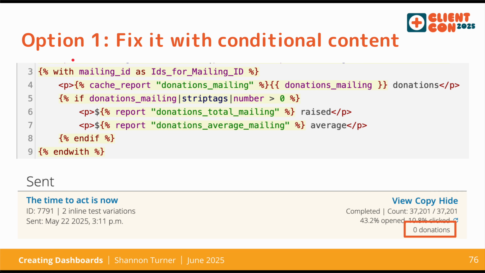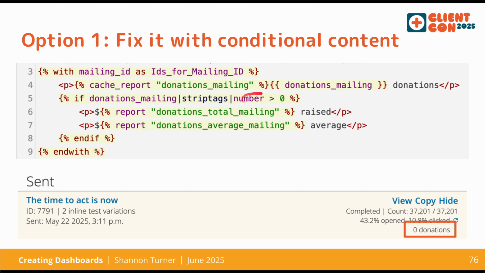So option 1, we can fix it with conditional content. So with a little bit of conditional content and our old friends cash report and strip tags, we can convert how many donations came in. Let's convert that to a number using the number filter, because behind the scenes donations mailing, those results are actually text, especially once strip tags removes all the formatting, right?